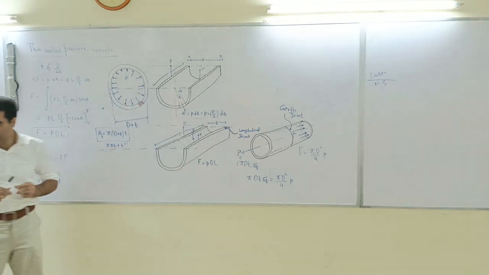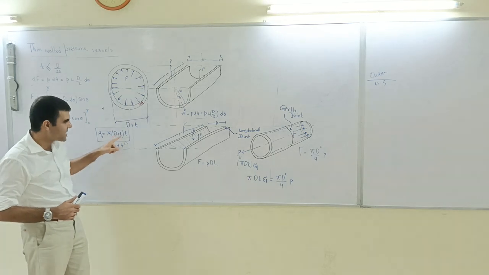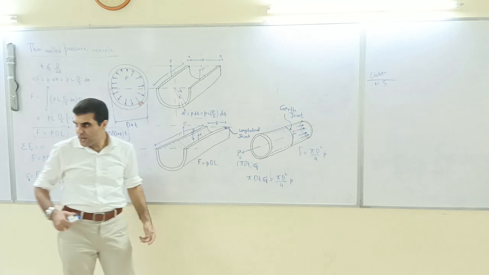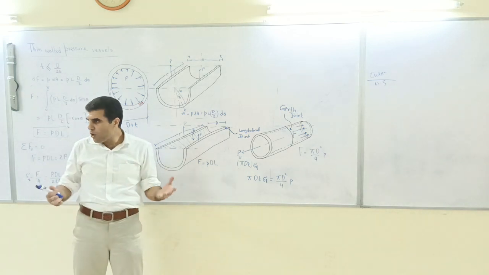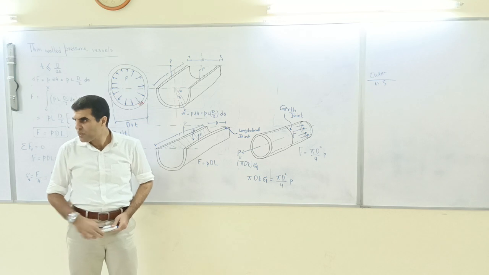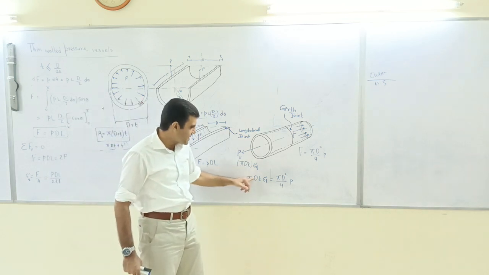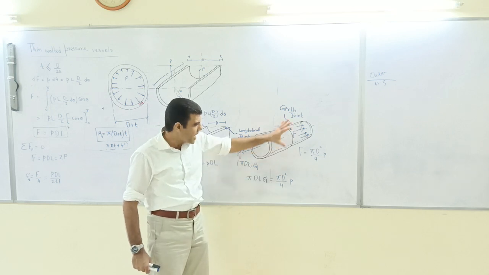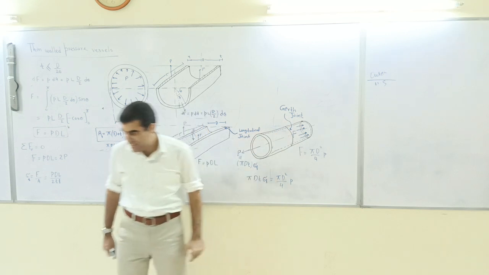Okay, do you understand the logic? Why do we omit this t square, and why not pi (d plus t)? Because d is the internal diameter. We are just taking internal diameter. So the reason is that it's thin wall, so therefore the thickness is very small. Now, pi dt times the longitudinal stress is equal to, again, pi d square by 4 times pressure.